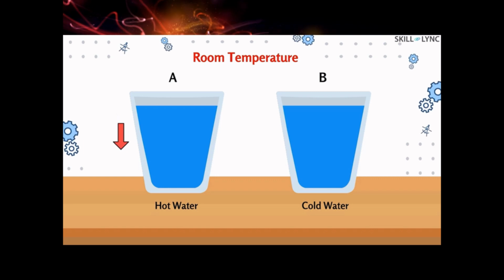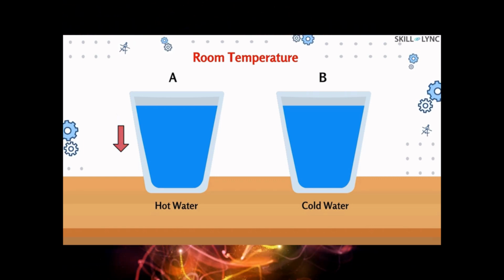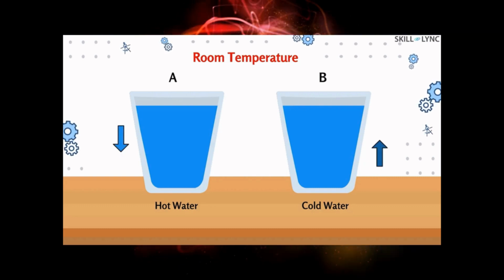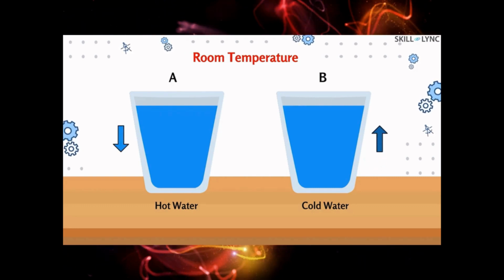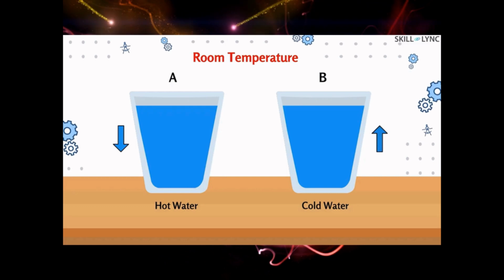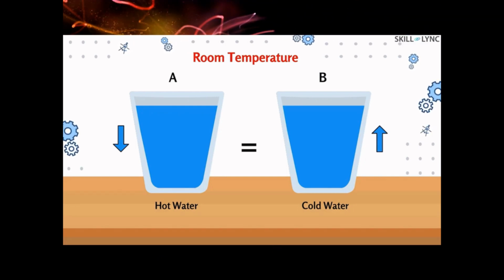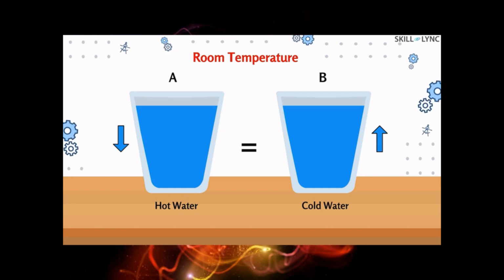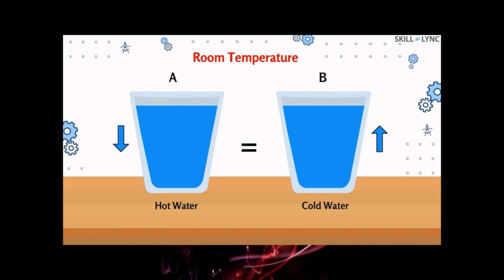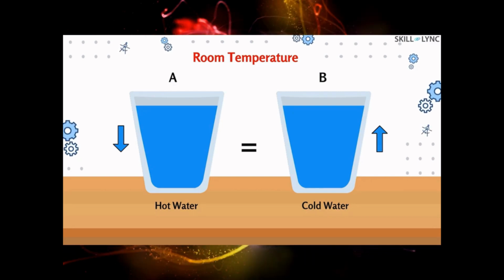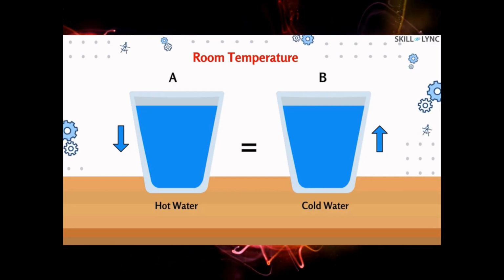Hence, a thermal equilibrium is formed between the glass and the room. During the same time, the temperature of the cold water rises until it equals the room temperature, thus forming another thermal equilibrium. Till now, we know that the temperature of glass A is equal to the room temperature. We also know that the water in glass B is equal to the room temperature too. Hence, the temperature of water in both glasses are equal as well.